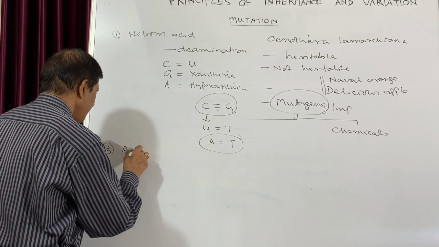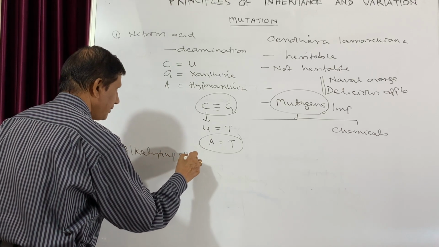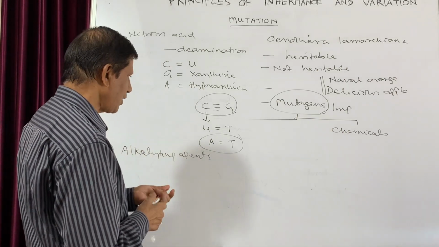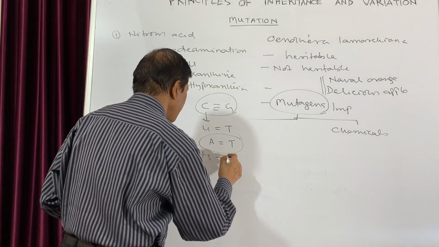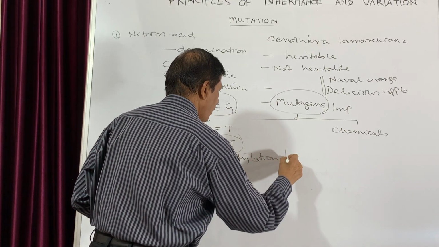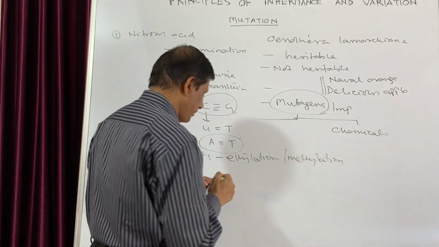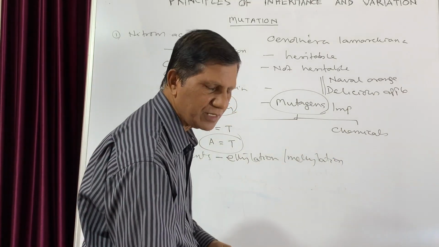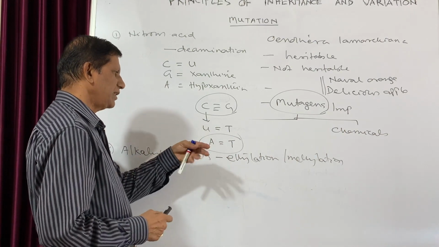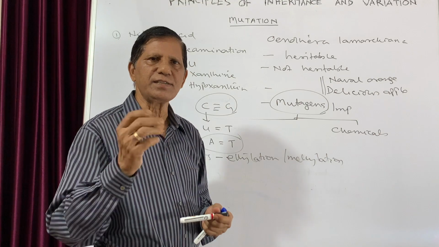This is number one. Now the number two is alkylating agents. Alkylating agents usually cause ethylation or methylation of the different substances. So due to this ethylation or methylation, the pairing behavior of the nitrogen bases changes.